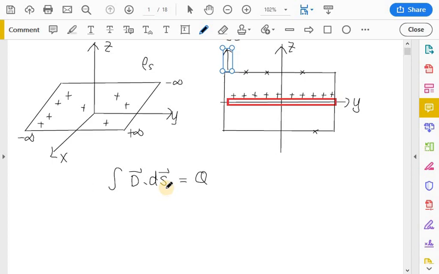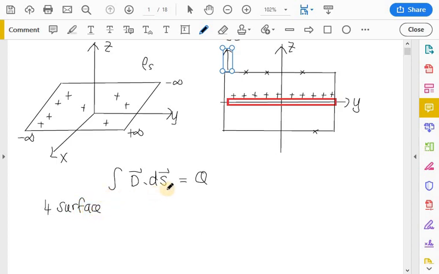We look at this. S is a surface, so we have to refer to your Gaussian surface here. How many surfaces do you have? 1, 2, 3, 4. So you have 4 surfaces.